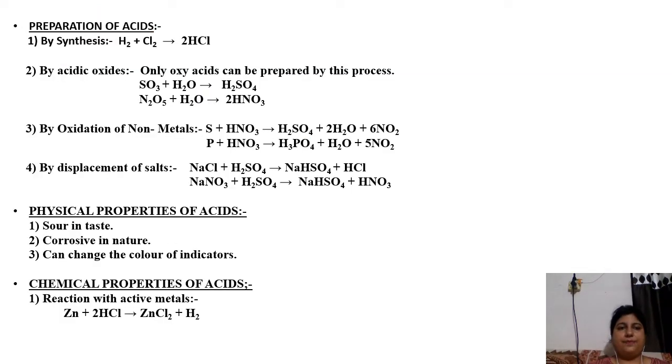So how do we prepare acids in laboratories? The very first is by direct synthesis. Direct synthesis means the addition of hydrogen gas in a particular substance.